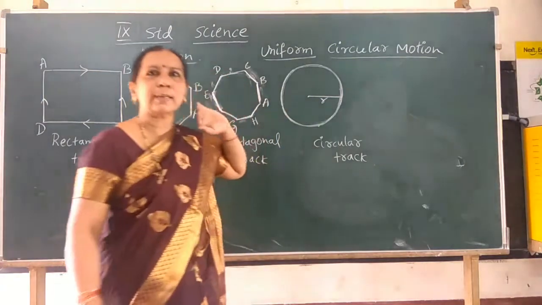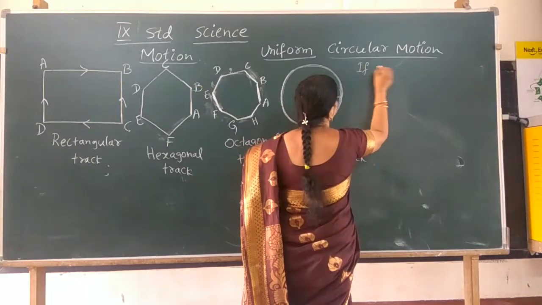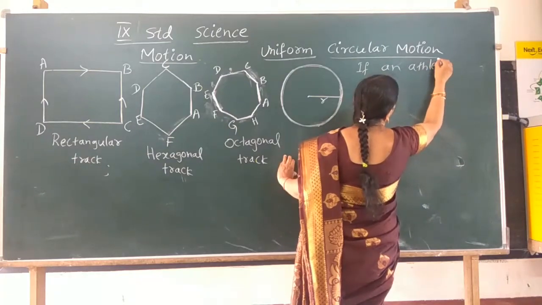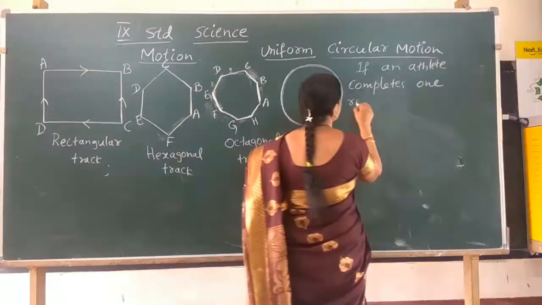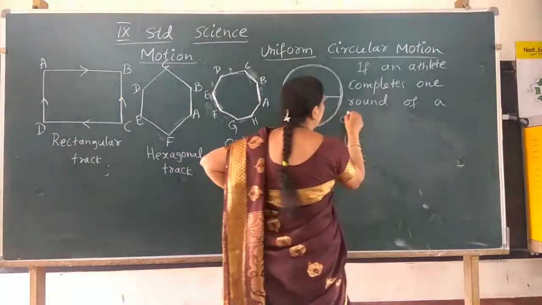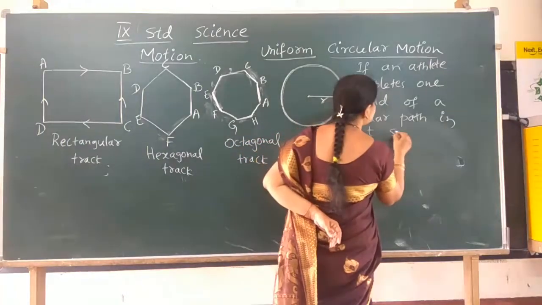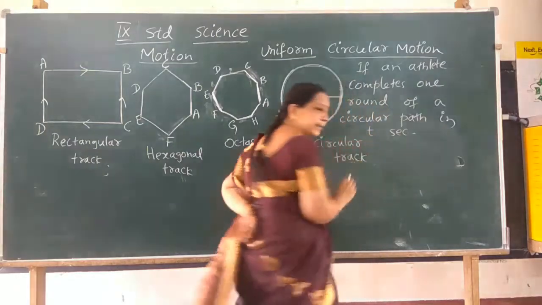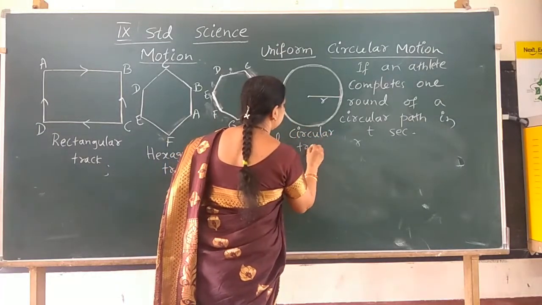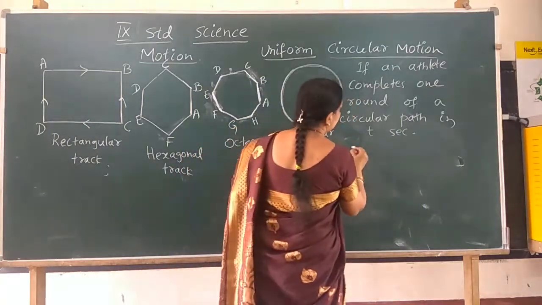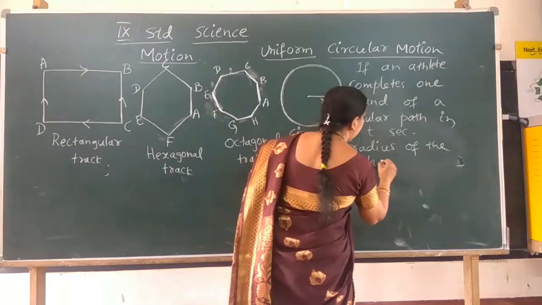Then can you tell me now what is speed given by? So speed v is given by, in a circular path, if an athlete completes one round of a circular path in t seconds, the radius of the circle is r.